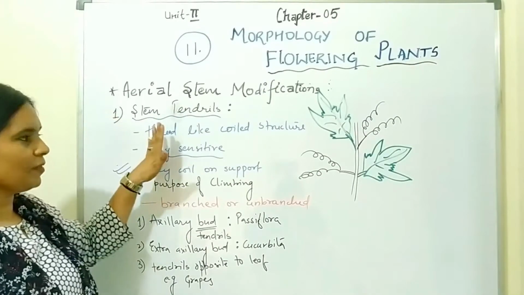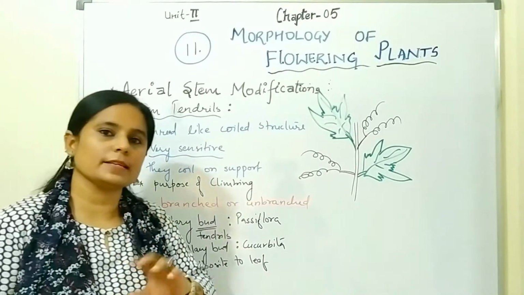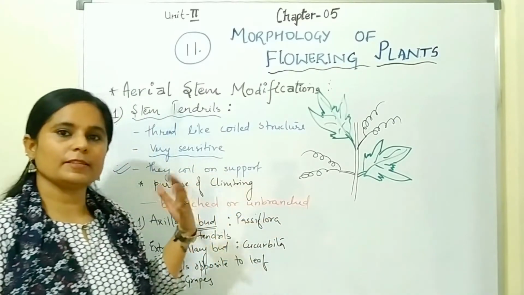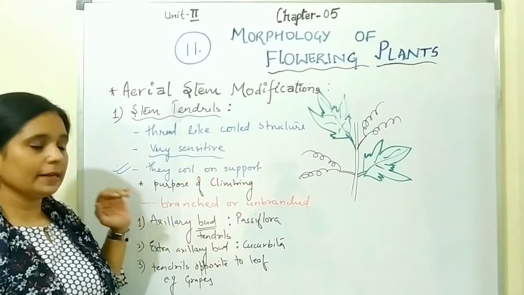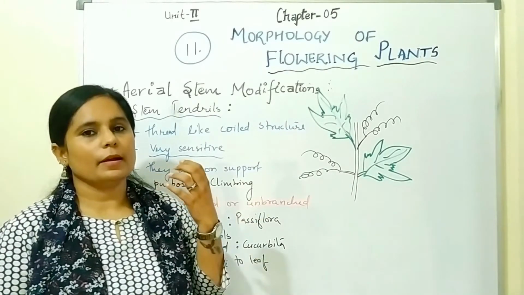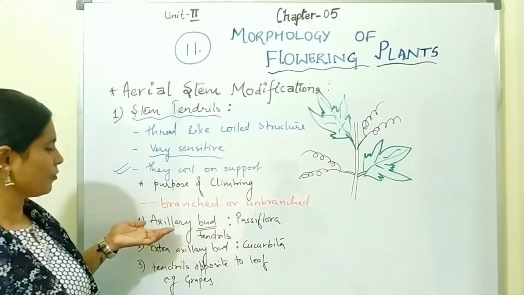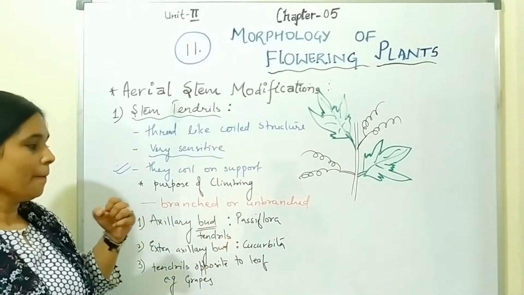So stem tendrils are coiled structures. They are very sensitive. As soon as they come in contact with support, they will start climbing on it. So the purpose is obviously for climbing. They can be branched or unbranched. On the stem, these tendrils can develop from axillary buds, as in Passiflora.